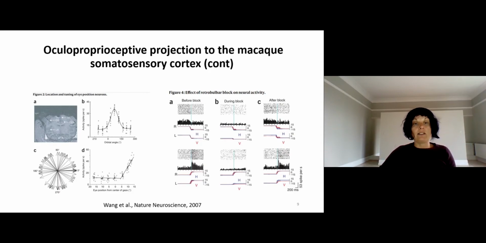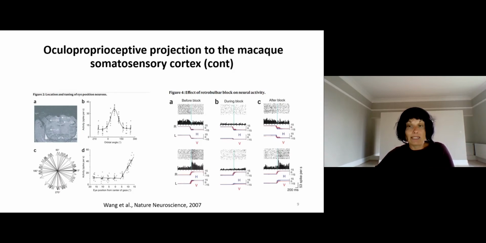For this reason, the researchers did a second manipulation, and that was to look at the activity of these neurons while administering orbital anesthesia. So they essentially abolished the sensory input from the extraocular muscles and looked at what happened with the activity of these neurons.